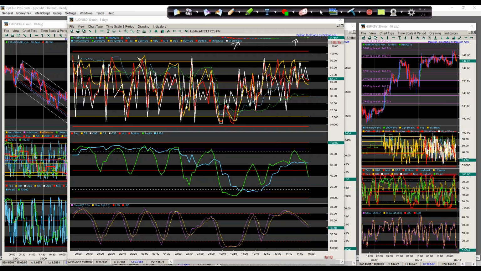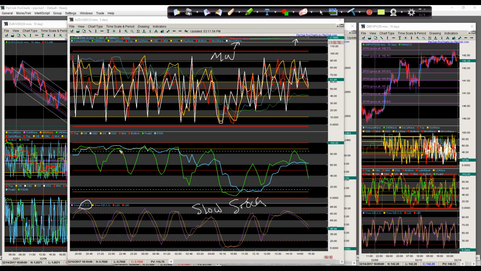So we have multi-wave. Of course, we have a traditional slow stochastics down here with settings that kind of work and are tuned to what we're doing. 10-minute, about the highest you're going to want to run this on because it is lagging nonetheless, but does give confidence that you've actually had your turns.